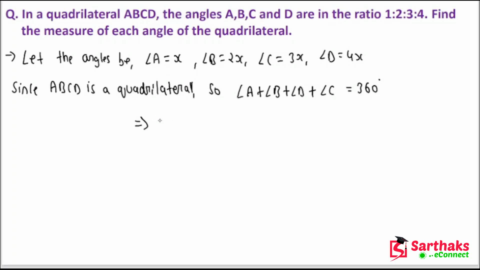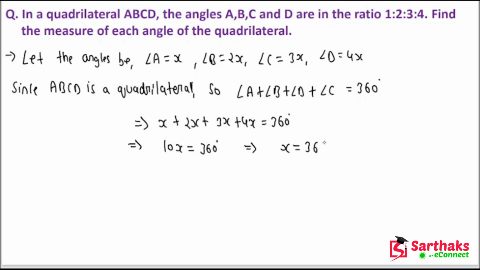So we have simply x plus 2x plus 3x plus 4x equals 360 degrees. Adding them, we get 10x equals 360 degrees. Dividing both sides by 10, we will get this common factor x as 36 degrees.